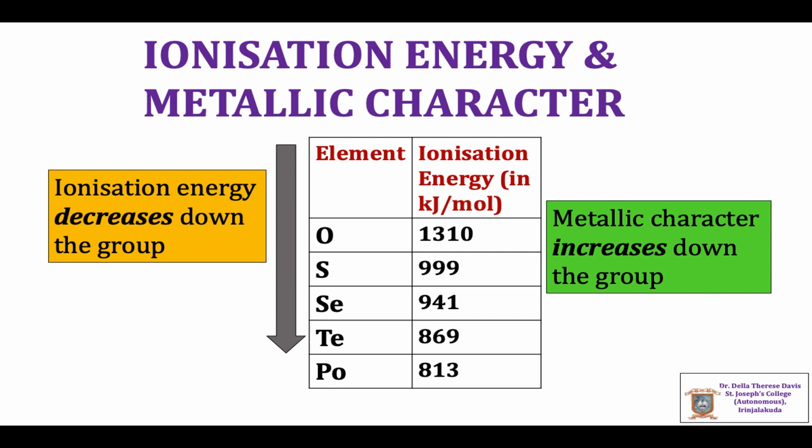The decrease in ionization energy from oxygen to sulfur is very high, and from sulfur to polonium, the decrease is not much pronounced. This trend can also be explained on the basis of poor shielding effect of d and f electrons.